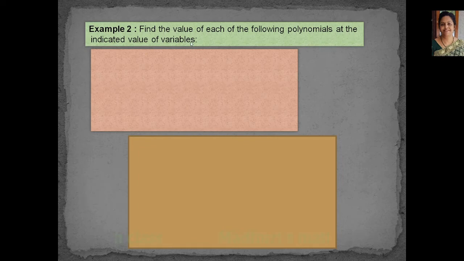Next one, find the value of each of the following polynomials at the indicated value of the variables. The first one, p(x) is equal to 5x raised to 2 minus 3x plus 7 at x is equal to 1. So we will keep the value 1 in the place of x.